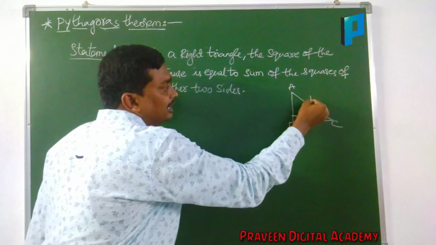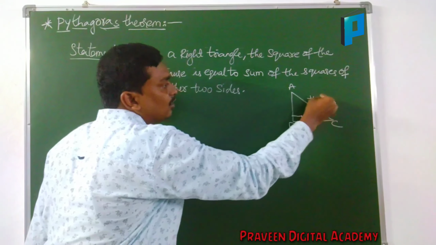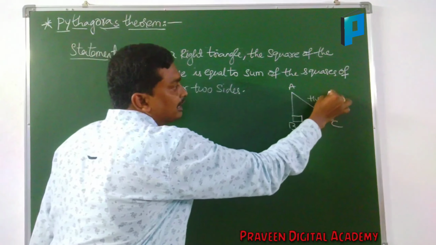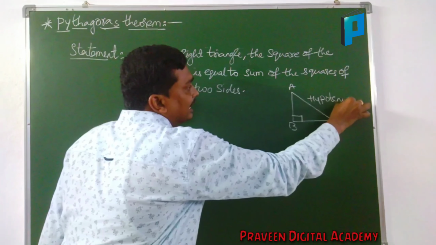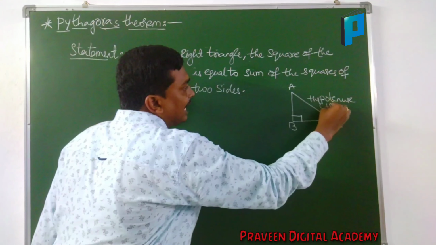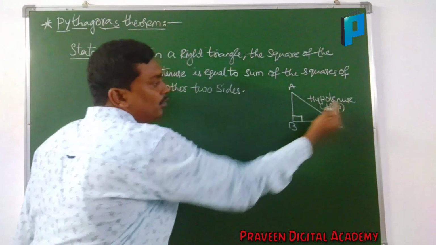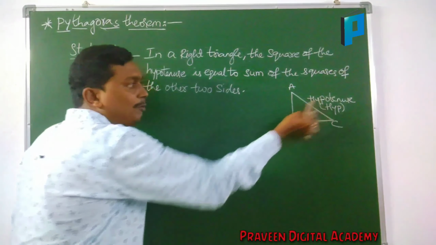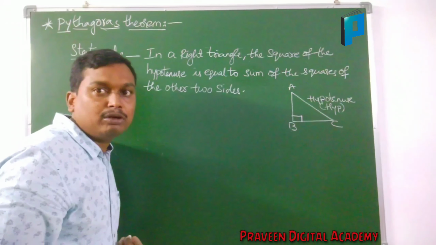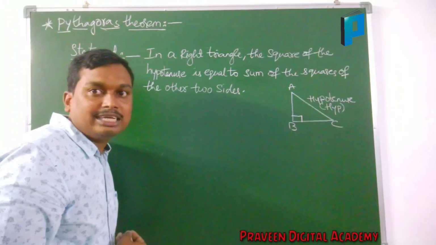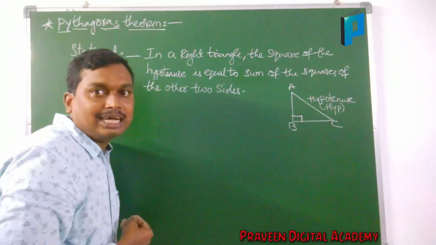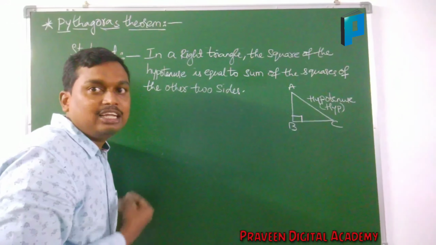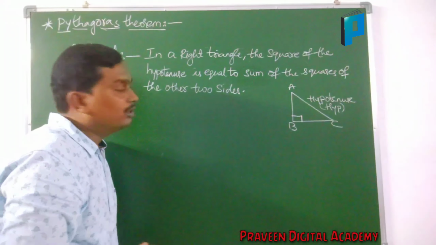The side which is opposite to 90 degrees is called the hypotenuse, shortened as HYP. In other words, the longest side in the right triangle is called the hypotenuse.